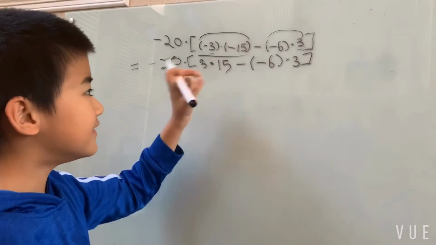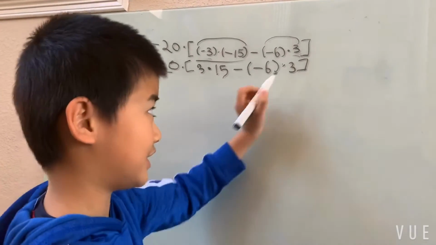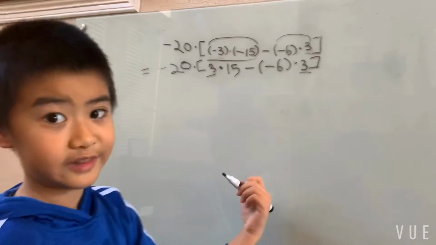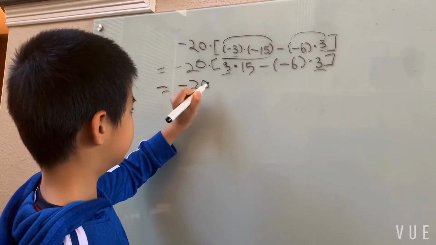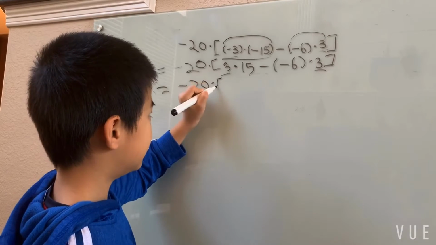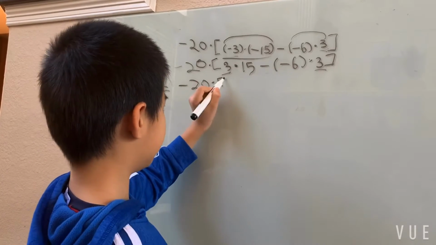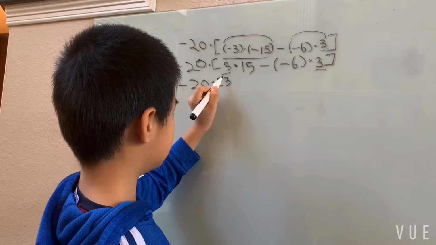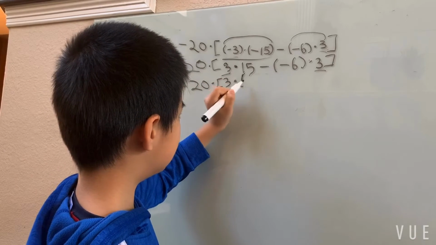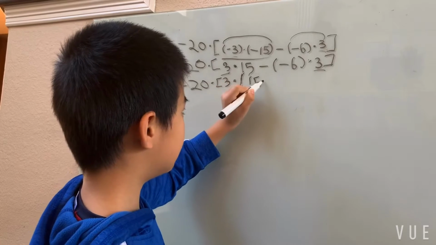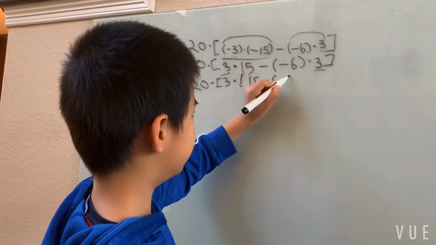So here now we can factor out, because now we've got two 3s, and take out the common factor. And we have -20 times the 3, and then we have the 3 times parentheses 15 minus -6.